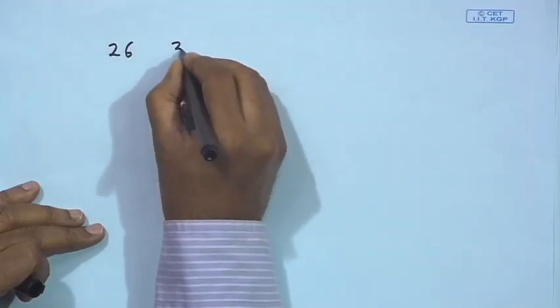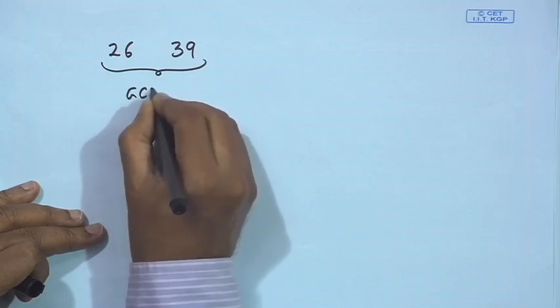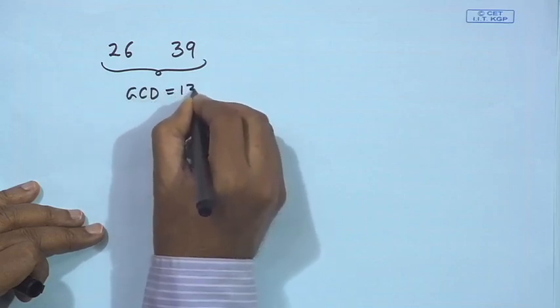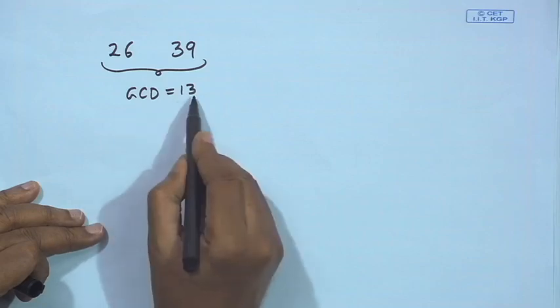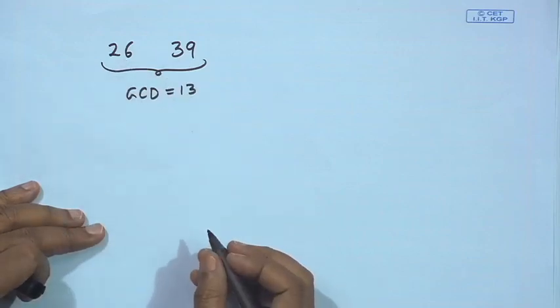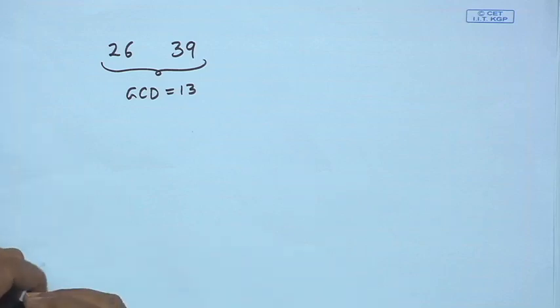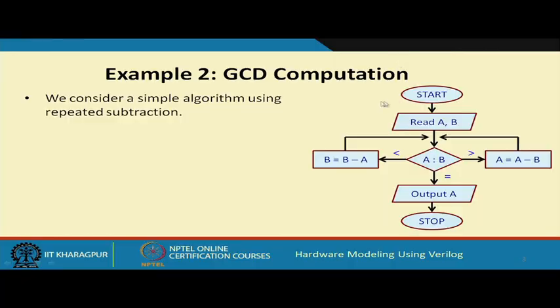For example, if you have one number as 26 and another as 39, the GCD will be 13, because 13 is the largest number which divides 26 as well as 39. The method we follow is the method of repeated subtraction.